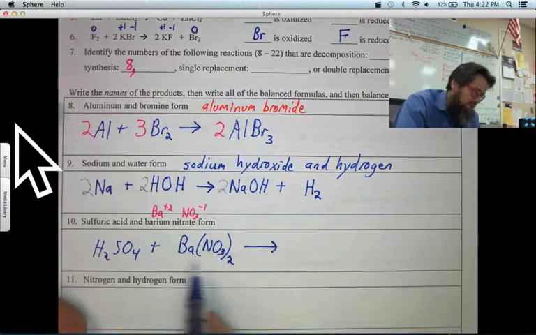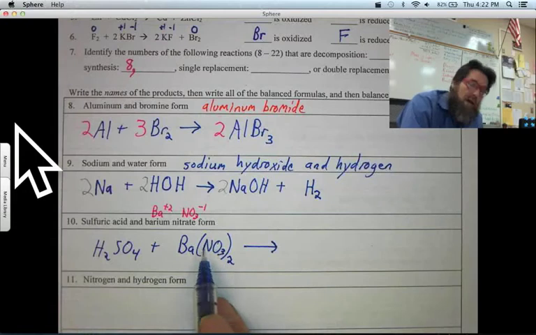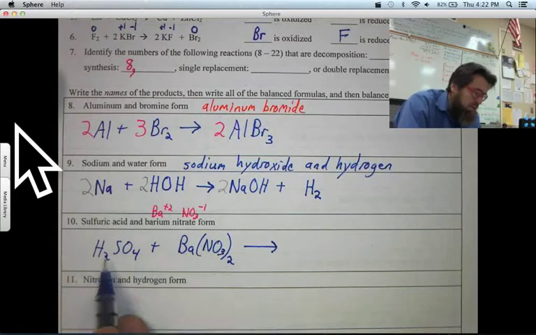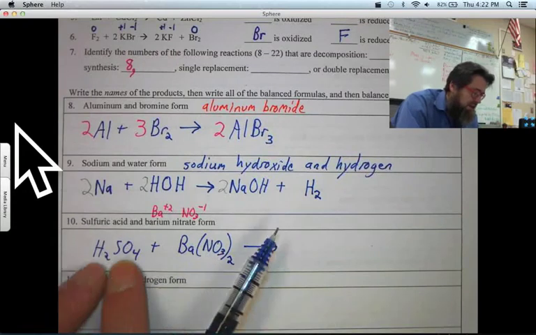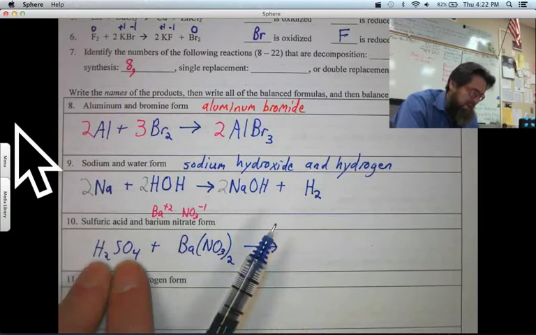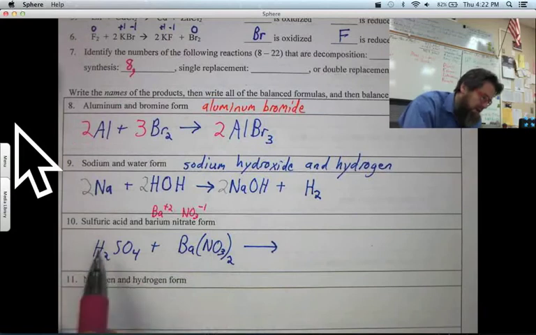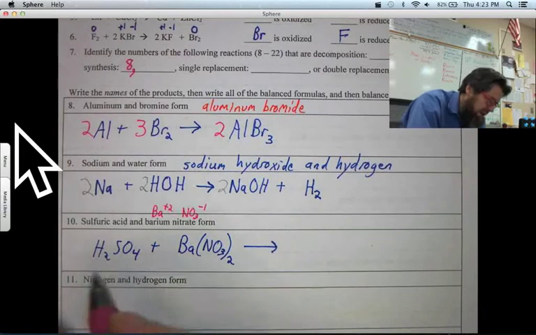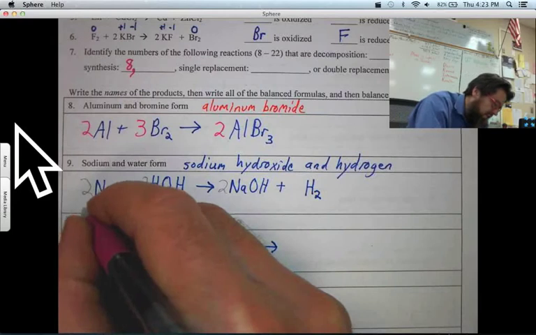And we need to predict products. The best way is to recognize what type of reaction this is. It looks like a double replacement reaction. That would mean we are swapping cations and anions. Let's see, sulfuric acid dissociates into 2H+.